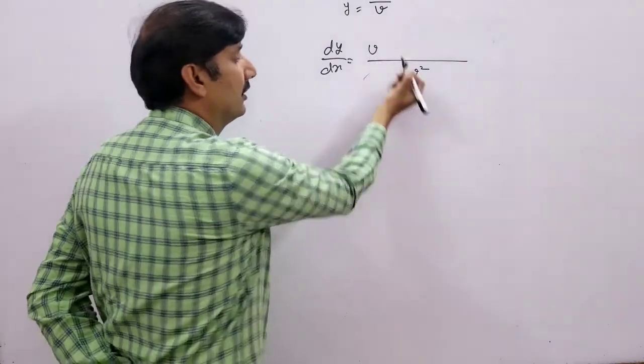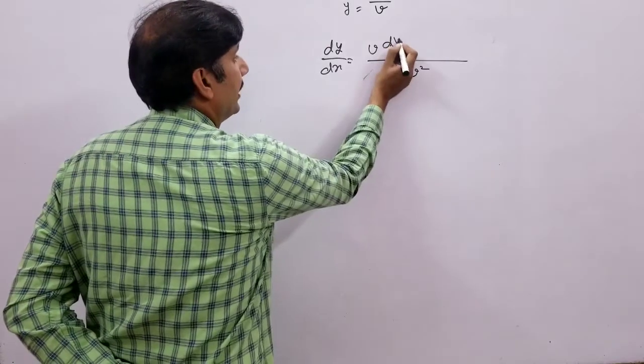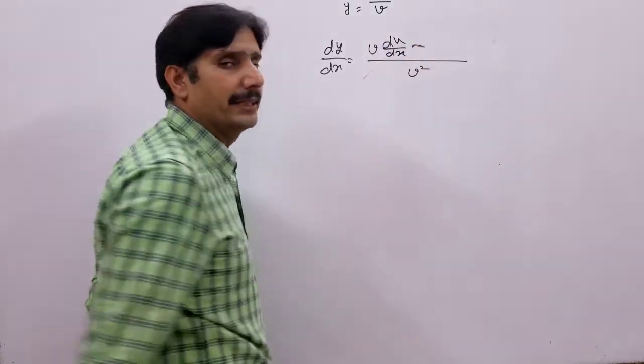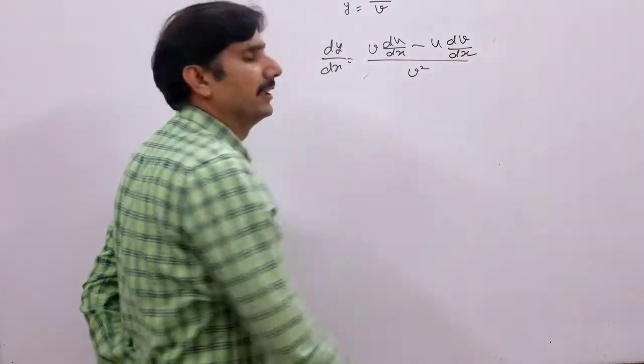Then write down the denominator without any change and differentiate the numerator, minus the numerator and differentiation of the denominator.